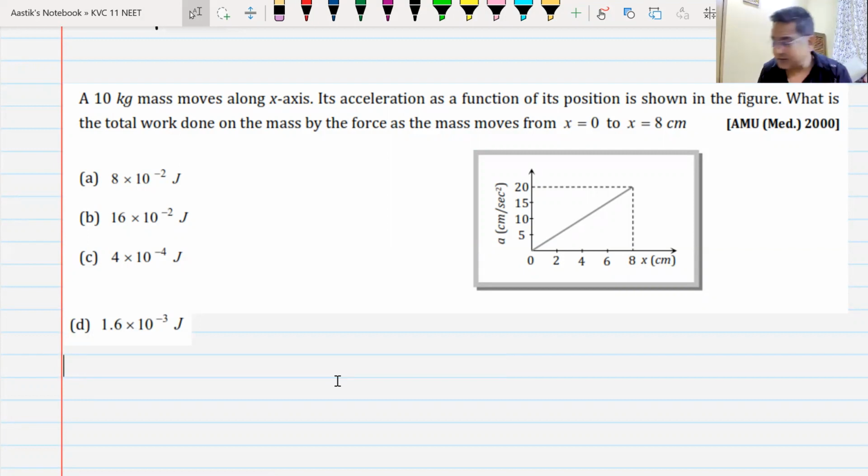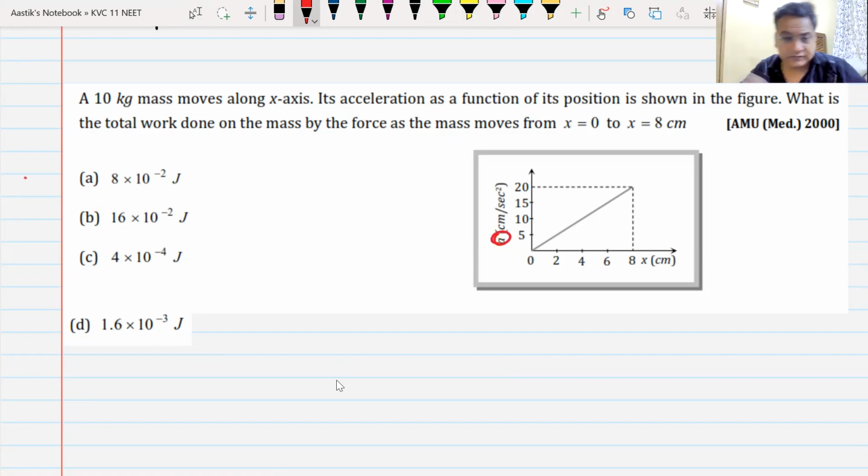Remember, it is in centimeters and centimeter per second square. The displacement, the acceleration is given to you. Acceleration is given to you here. Oops, wrong color. The acceleration is given to you.